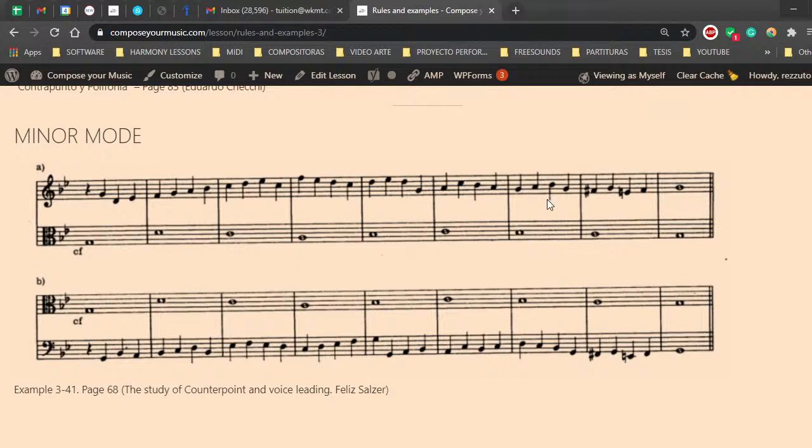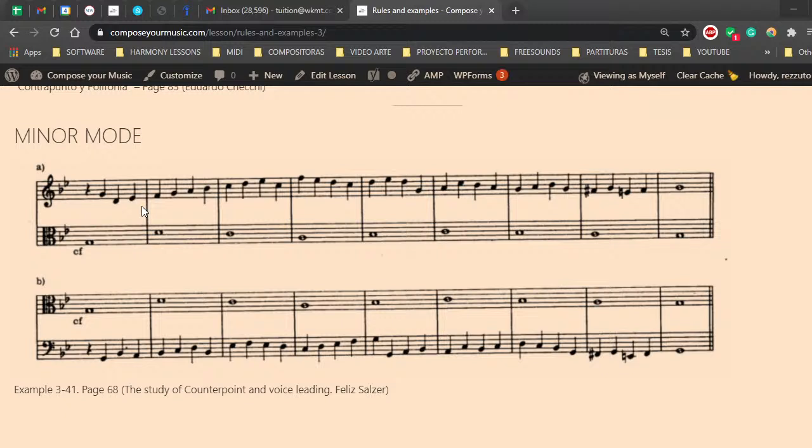So at the end, you see that it's similar to chapter 5 in Schoenberg's Harmony. Remember, Schoenberg says, well, if you're going to use the sixth and seventh notes raised, be sure to do it at the cadence.